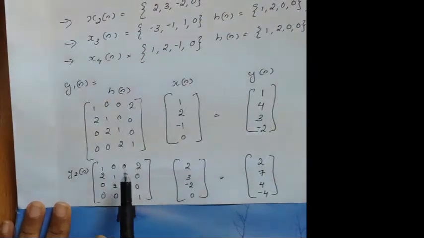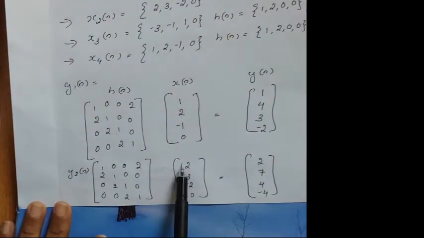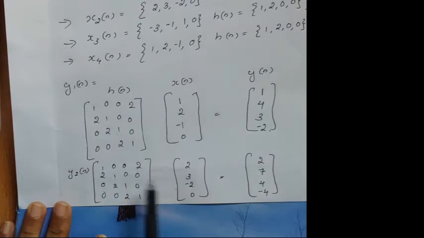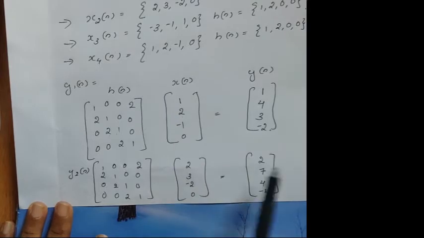Hope you know how to do the matrix. You have to consider like this: 1 into 2, plus 0 into 3, plus 0 into minus 2, plus 2 into 0. You will get 2 itself, 1 into 2. That is 2.